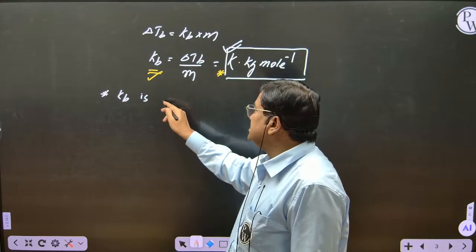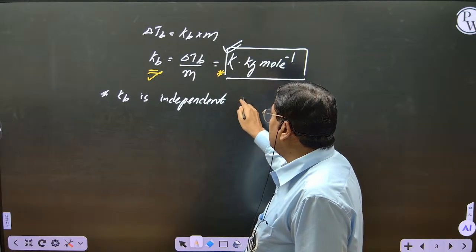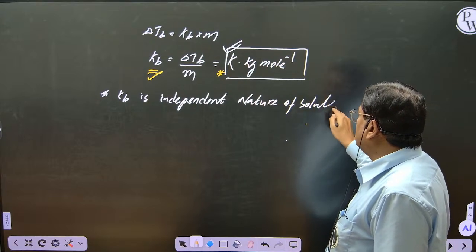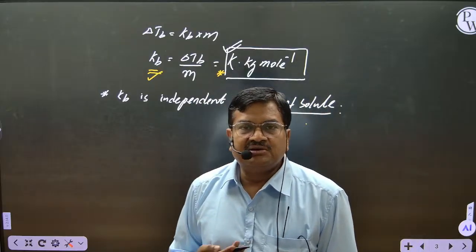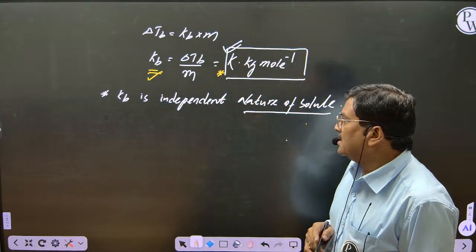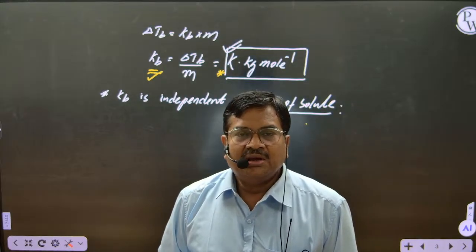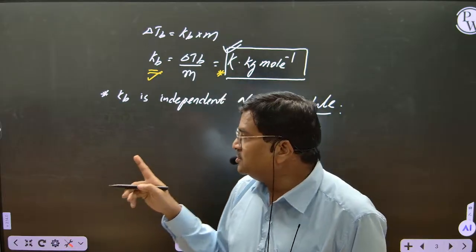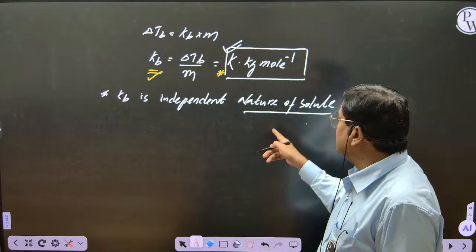So Kb is independent of the nature of solute, but it varies from solvent to solvent. Understood, all of you? This is important. As I told you, in the exam they asked when molality of the solution is doubled, what happens to the ebullioscopic constant? In the options you have to choose that it is independent. It cannot change. Kb will not depend on the nature of solute.